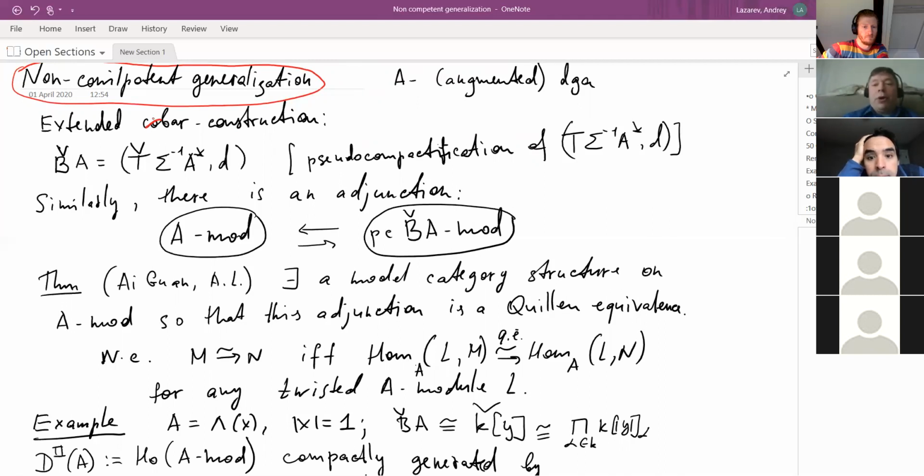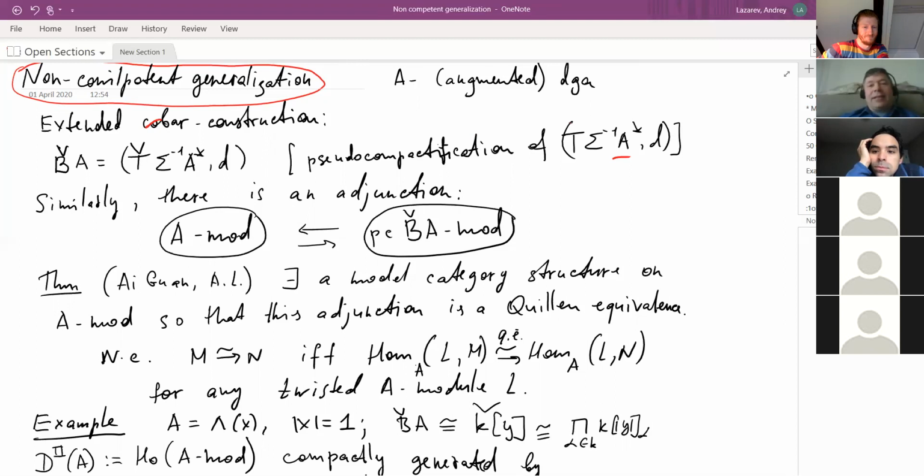So what I do is I take A, I take its dual, I take the desuspension, then I take the tensor algebra, okay? It turns out that without completion, there is a differential there. That's a slight lie, okay? But if you could just let it slide, then nothing will be lost, okay?